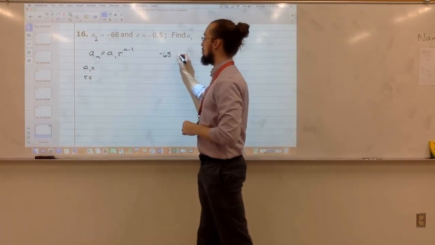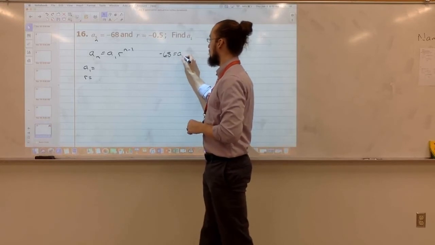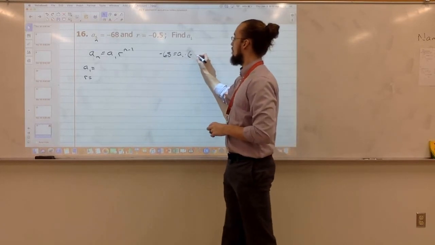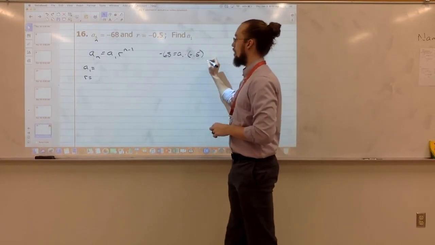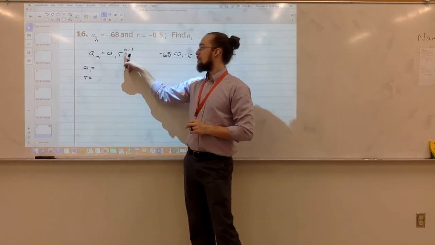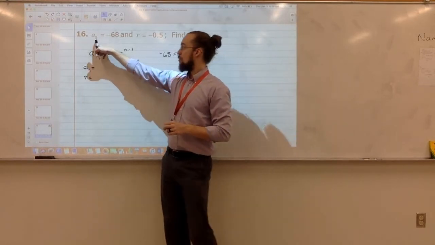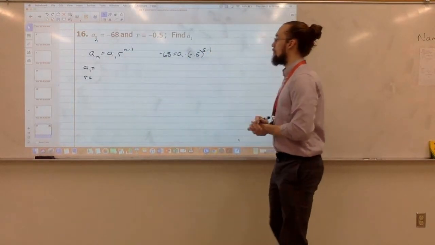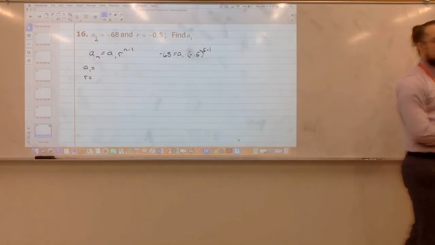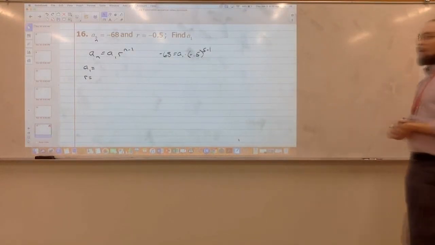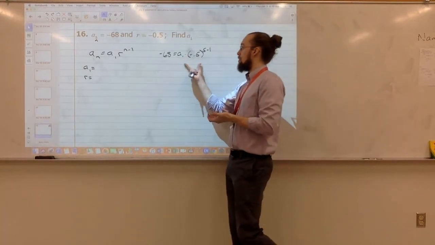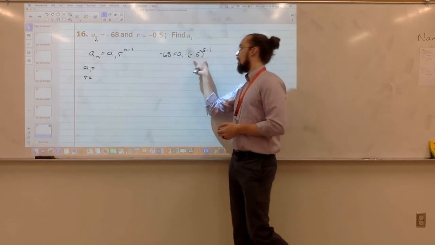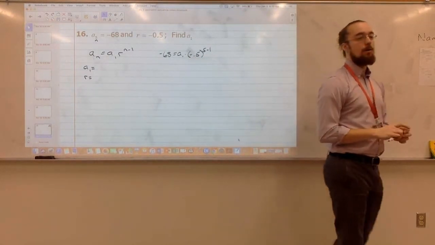So I'm going to say negative 68 equals a sub 1 times r. I know my r. My r is negative 0.5. And then we just said that n was 5, so this is to the 5 minus 1 power. Well, I can solve this now for a sub 1. What's negative 0.5 to the 5 minus 1 power?